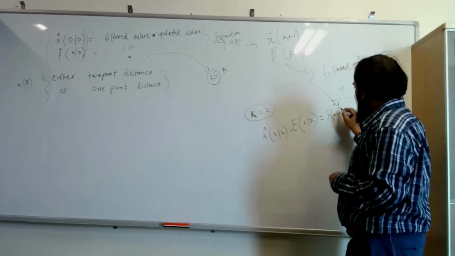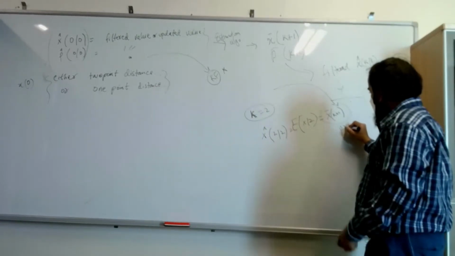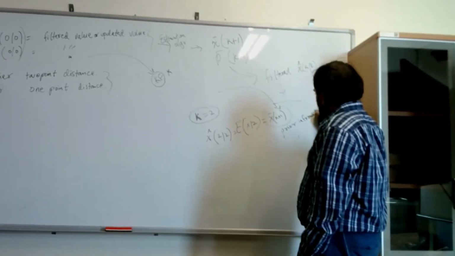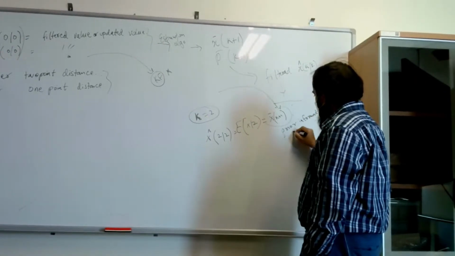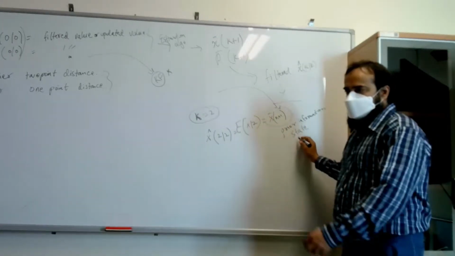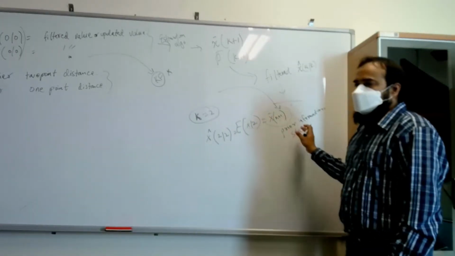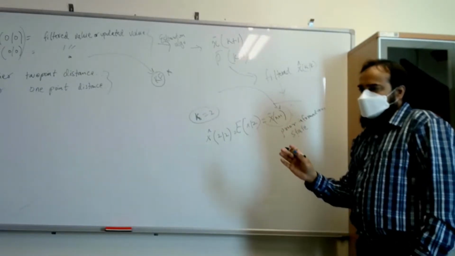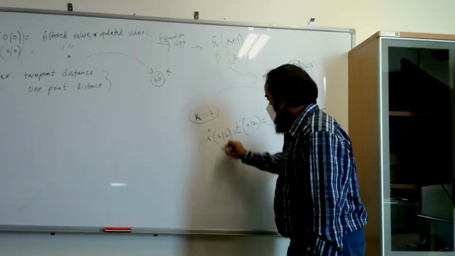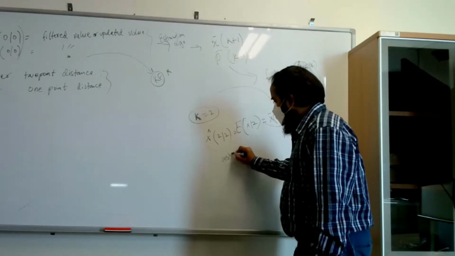So this is the prior information, the prior state. Prior state means that this value is previously known or previously calculated, and this value is the posterior or filter value.